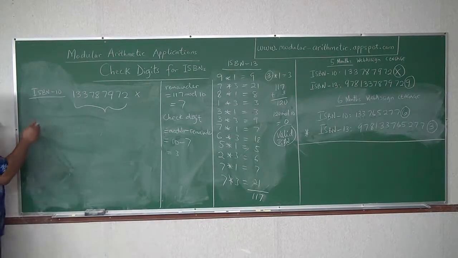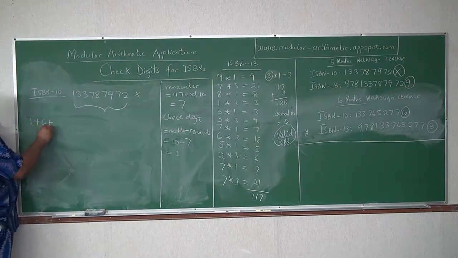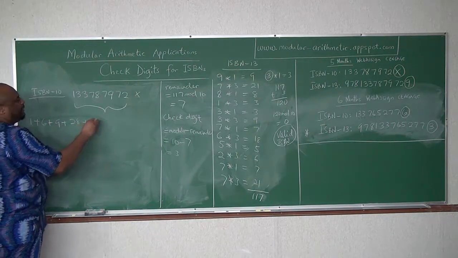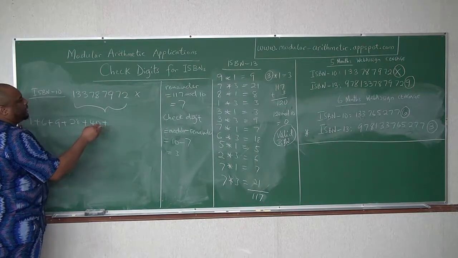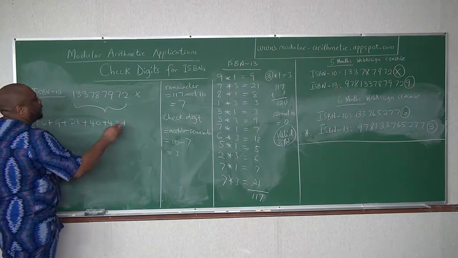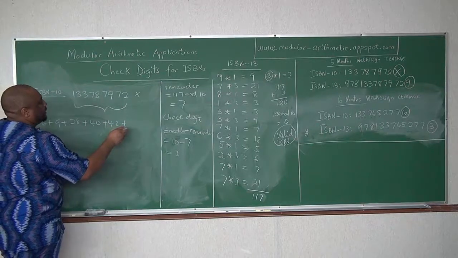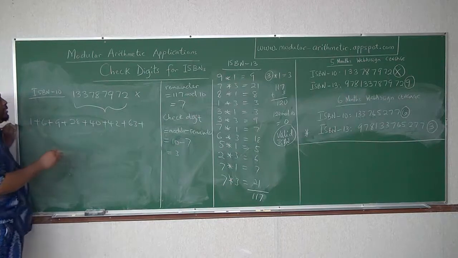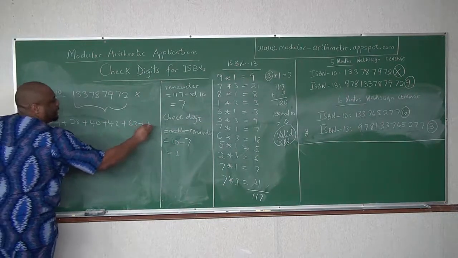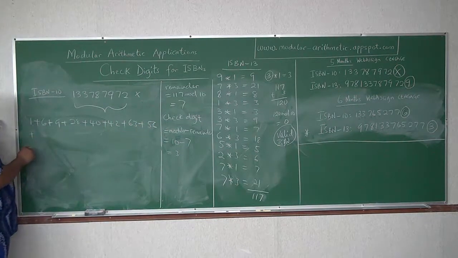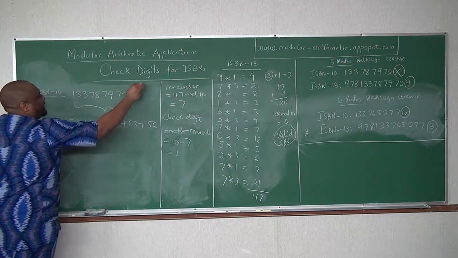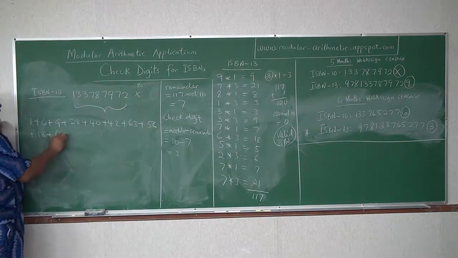Okay. So 1 times 1 is 1, plus 3 times 2 is 6, plus 3 times 3 is 9, plus 7 times 4 is 28, 8 times 5 is 40, 7 times 6 is 42, 9 times 7 is 63, 7 times 8 is 56, 2 times 9 is 18, plus 10 times 10.